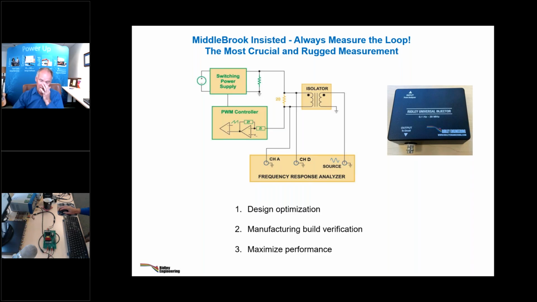The next thing that most people overlook is that measuring the loop is a really revealing verification of your manufacturing build. There are so many components involved in making that loop what it is, and it's so sensitive with gain and phase, that if there's something wrong in your build, certainly if any of the compensation components are wrong, but also the output cap, the output inductor, a loose connection somewhere, you're going to see it in the loop gain.